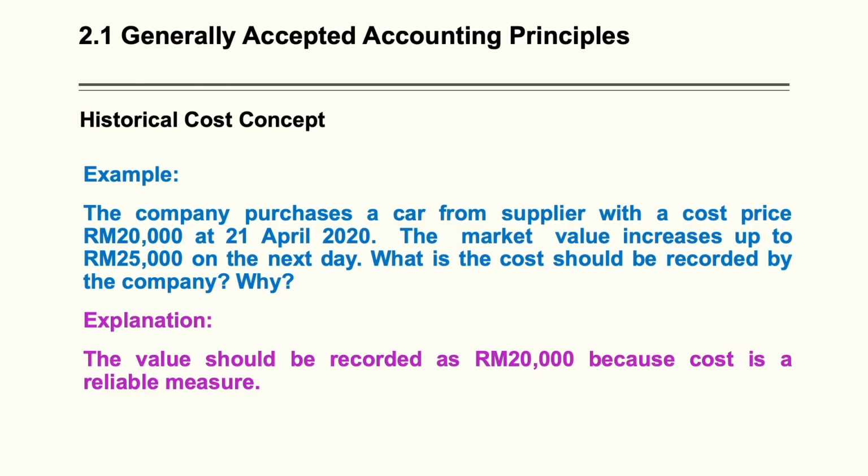Remember, according to the historical cost concept, the value should be recorded as 20,000, because this is the cost at which we acquired the asset. All assets and services that we acquire should be recorded at their actual cost, because this cost is more reliable.